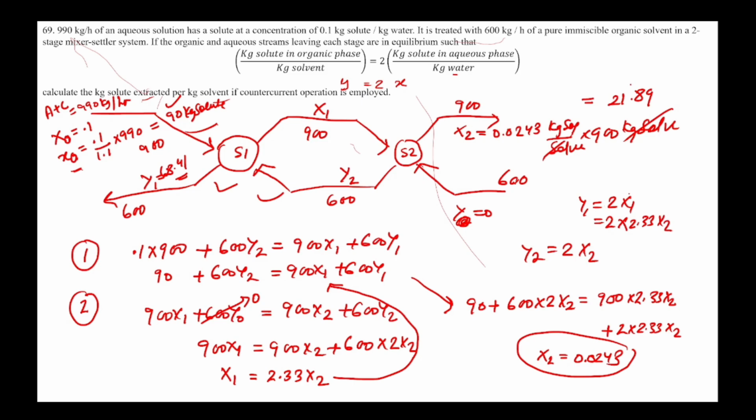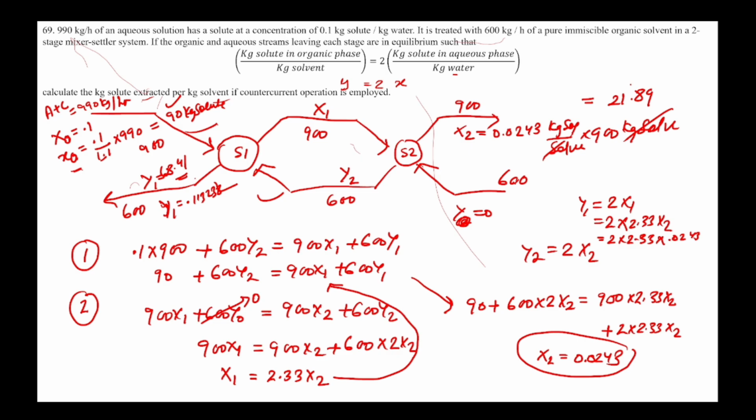Let's see what the value of y1 comes out to. Y1 comes from here: 2 into 2.33 into x2, and x2 we have calculated as 0.0243. So 2 into 2.33 into 0.0243 is 0.113238. This is capital Y1, 0.113238.